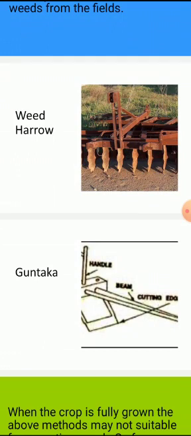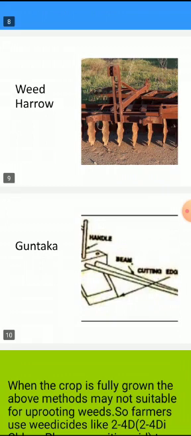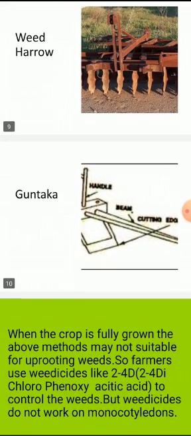In our villages we may have observed the guntaka. The weed harrow is connected to tractors, and with the help of tractors they remove the weeds in between the crop plants. The guntaka is also used in between the crop plants; with it they scrape the ground to remove the weeds.